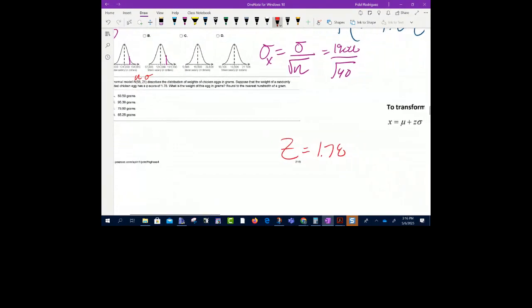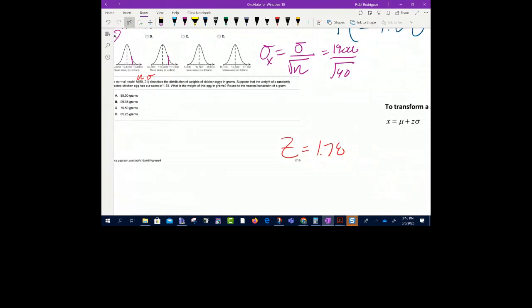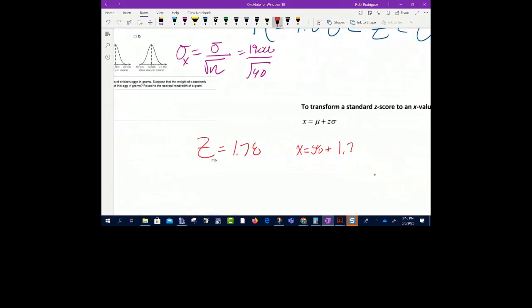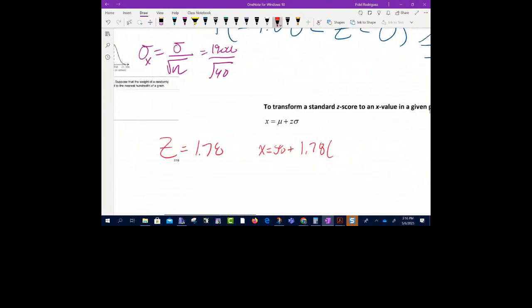So let's see if we can figure this out. x equals mu, in this case 58, plus z, which we said was 1.78, times my sigma, which was 21.